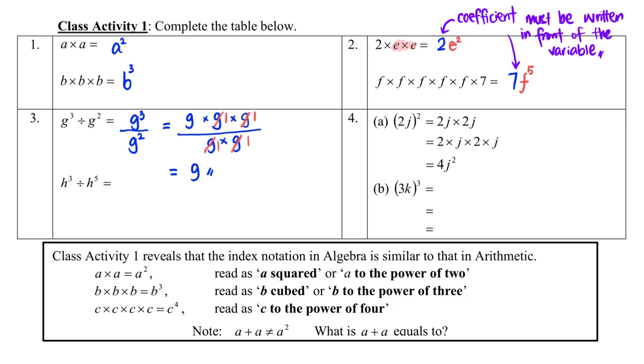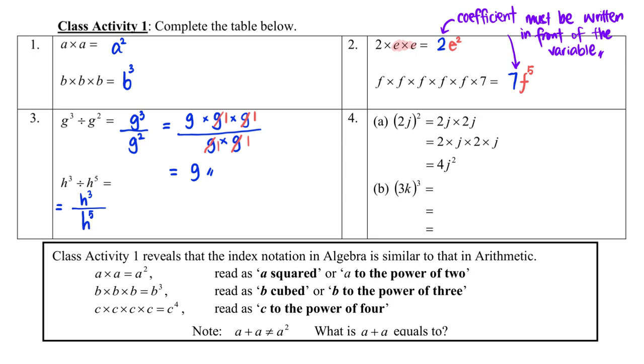And I shall try this with h power 3 divided by h power 5. So I shall write it here below in another color. So h power 3 over h power 5.